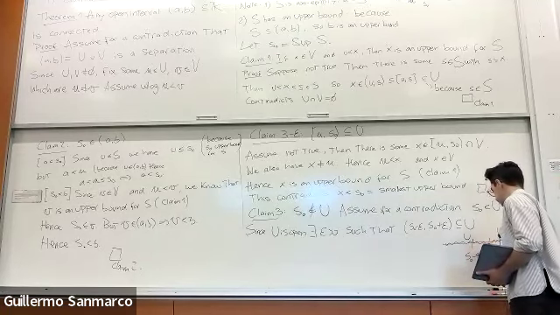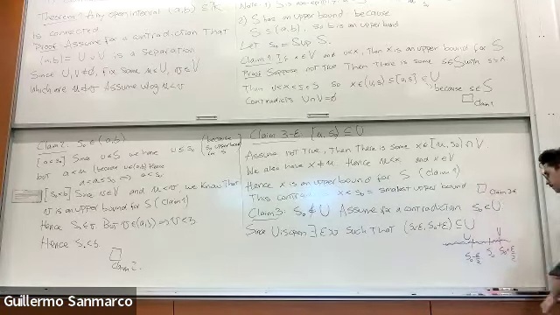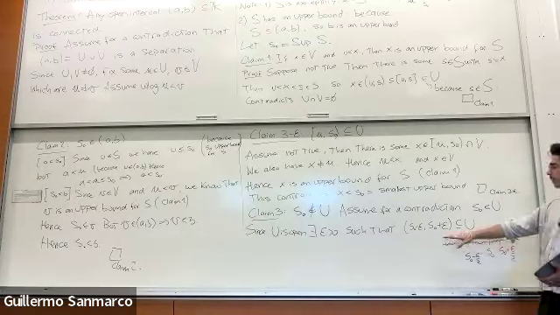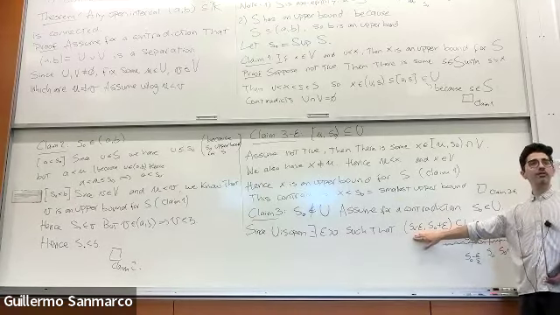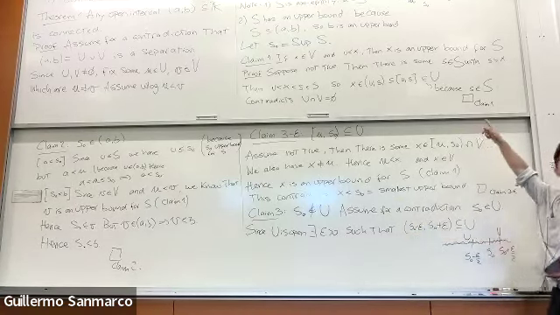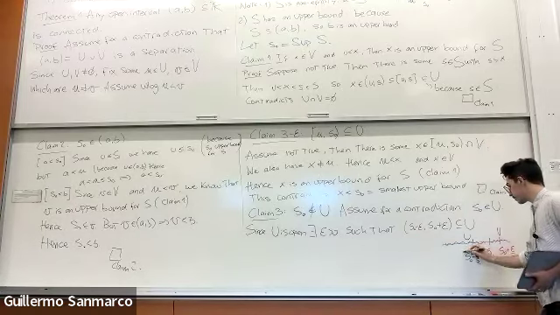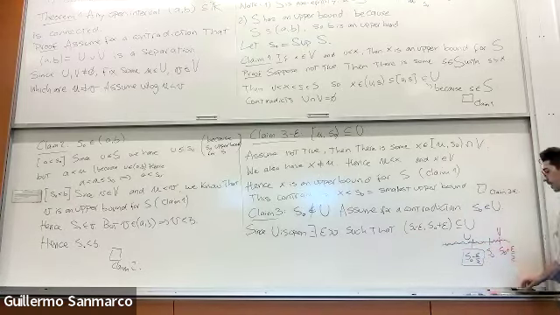S naught minus epsilon over 2. So what's the problem with this? I need to cook up an element in my set S. And that's what we're not able to do so far. This guy should live in S.